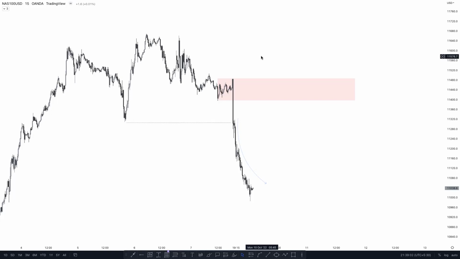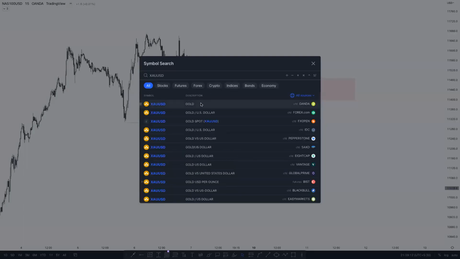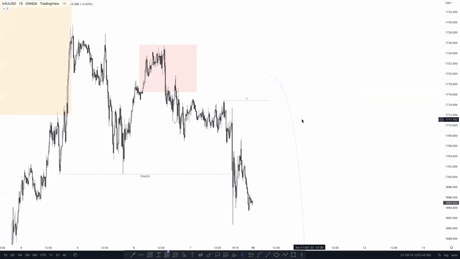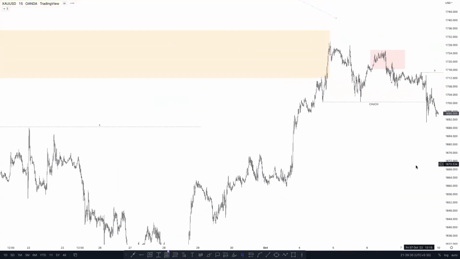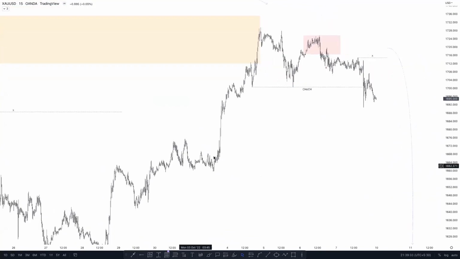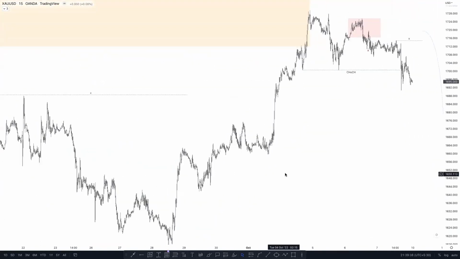Okay, let's try gold. What do you say, everyone? Let me open the chart first. Because every week, we backtest a different pair. Let's see how gold plays with us today. Okay, which part should we backtest in this entire range?